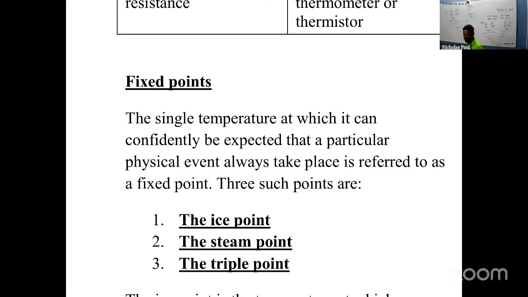Triple point. Anybody ever heard about triple point? What's triple point? Yes, technically all three in equilibrium. So there is a particular temperature where solid, liquid, and vapor exist.